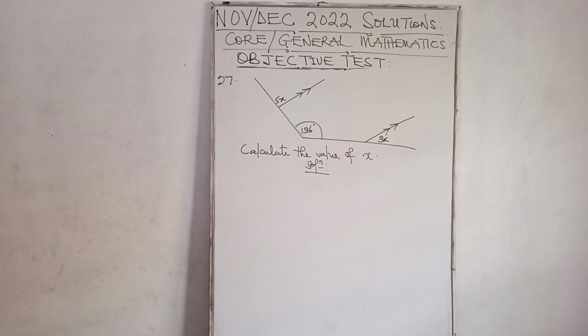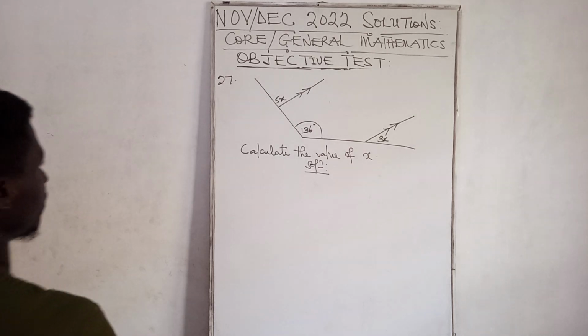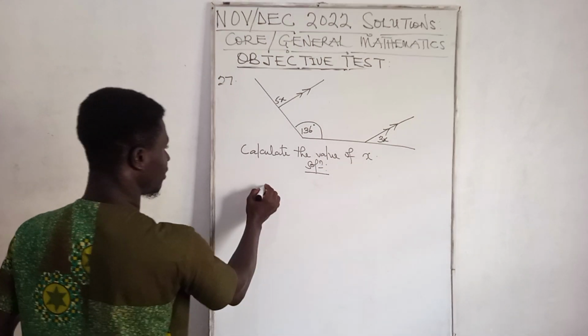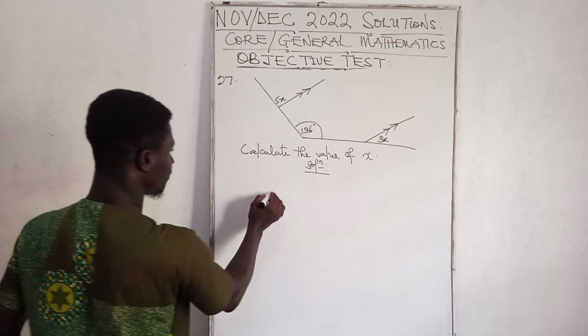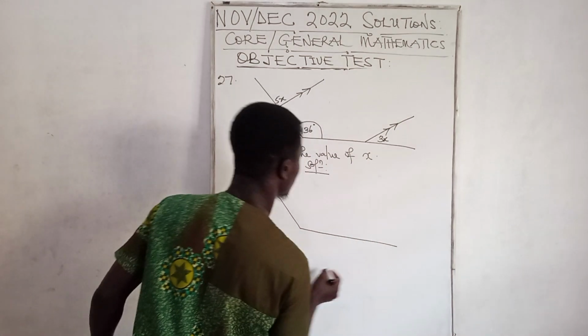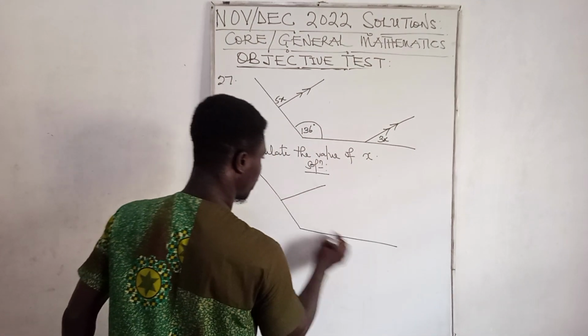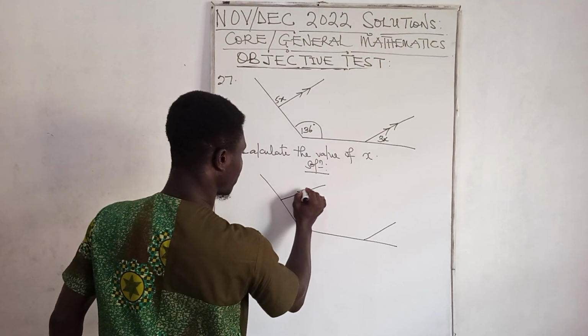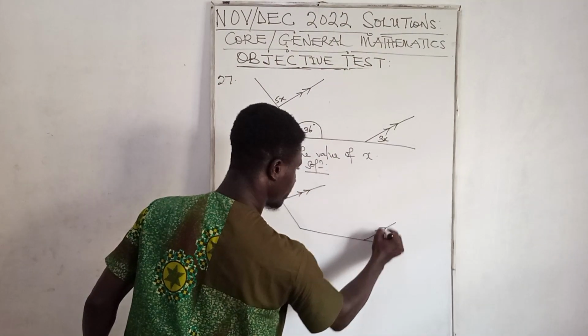So question 27, we have this figure on the board. They said we should calculate the value of x. Let's redraw the figure. These two lines are parallel lines, and parallel lines do not meet.